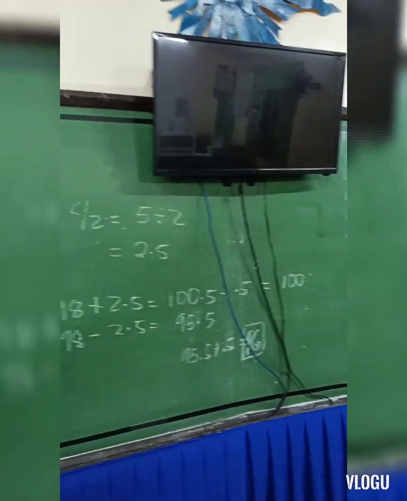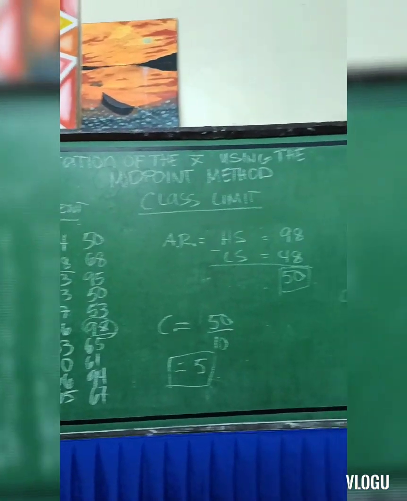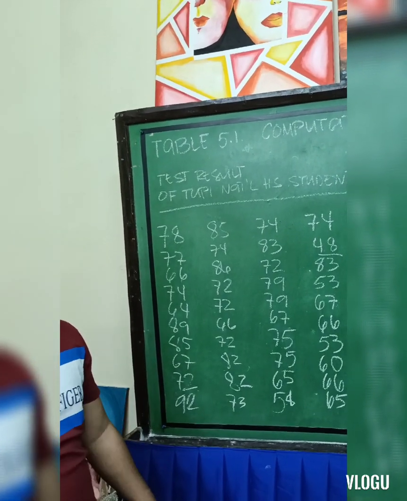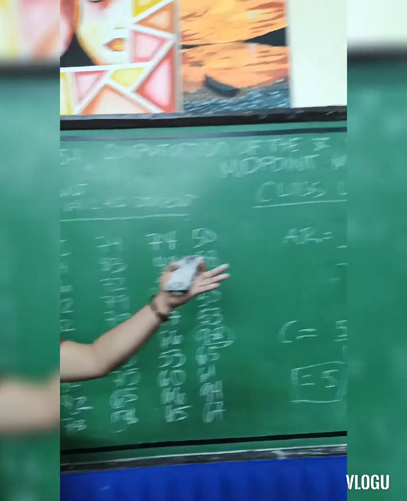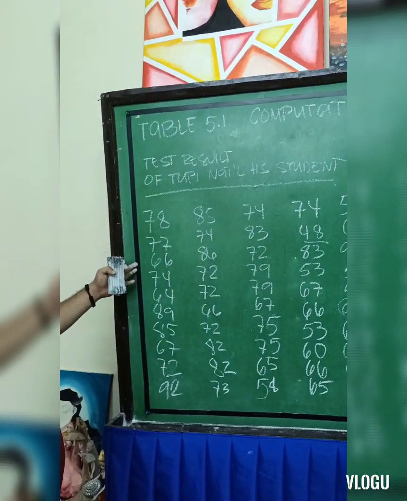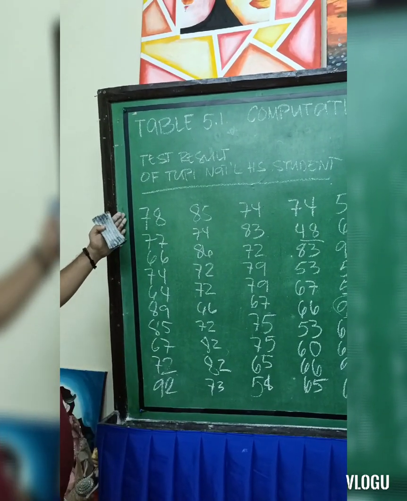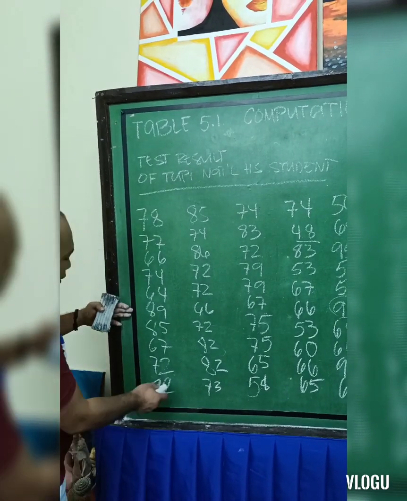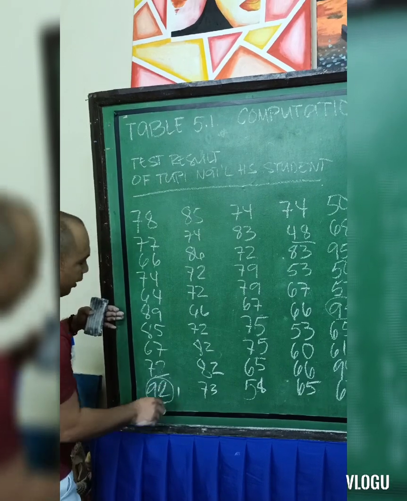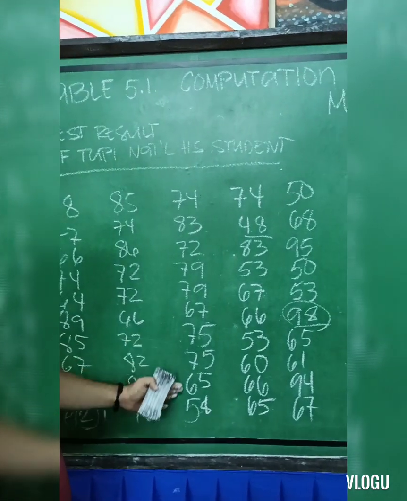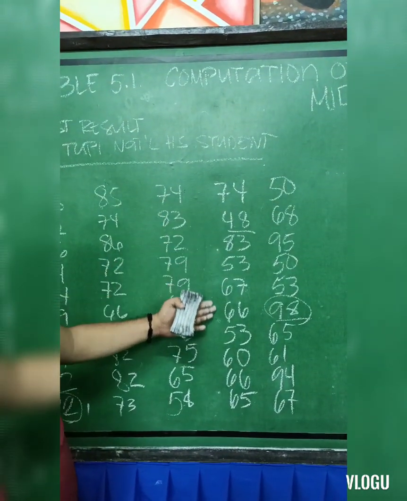Okay. Next example. For our class limit 91 to 95, remember frequency represents the number of students getting the score within the class limit of, for example, 91 to 95. Based on the test result of the students of Tupig National High School, first column, 91 to 95, we have 92, 1. Fourth column.